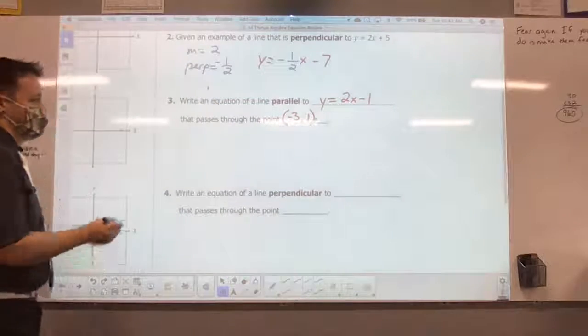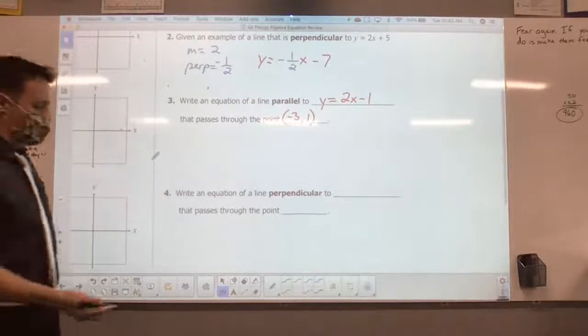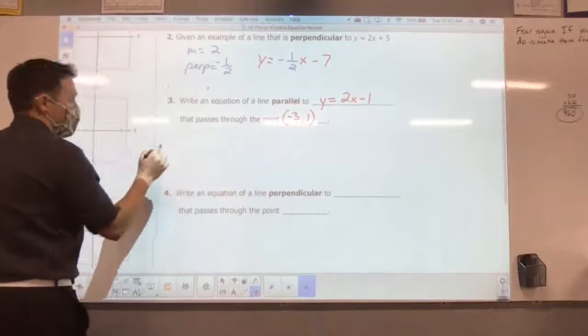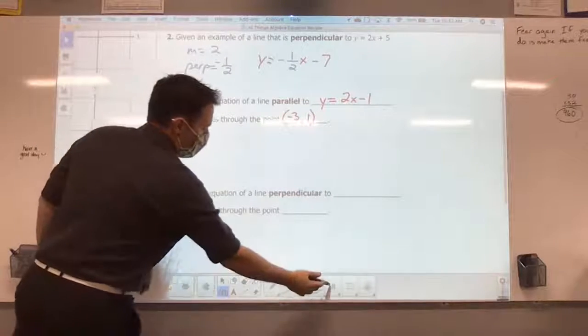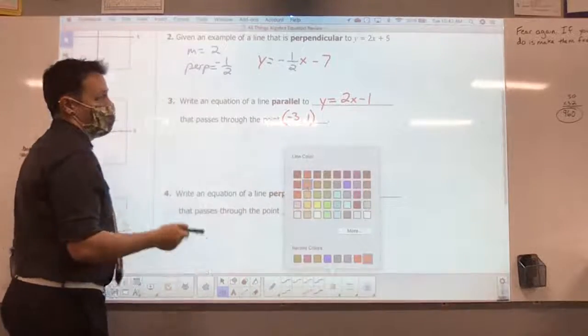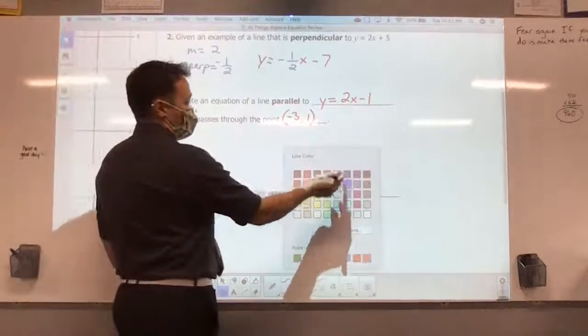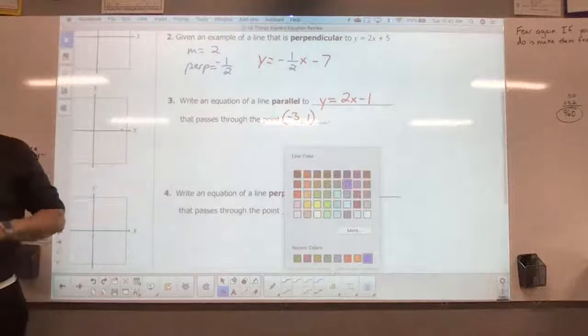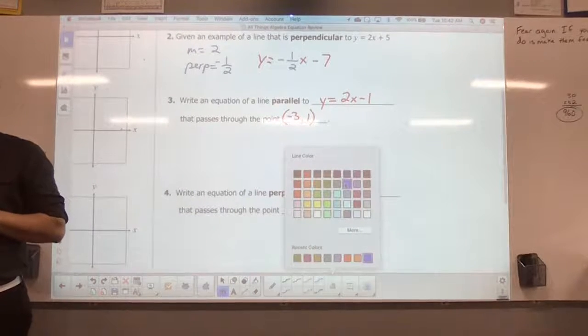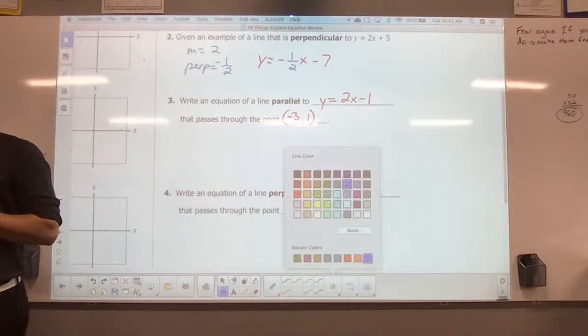What I want you to do is write an equation that is parallel to this line. So how do we do that? What do we have? We have a point, but do we also have a slope? Yes.